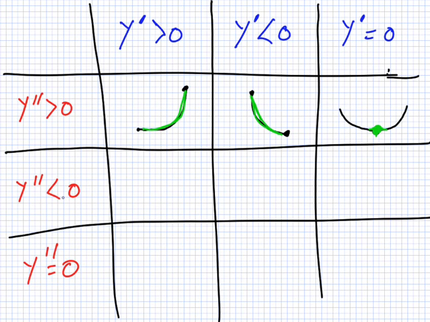Now, the only difference with this situation is that instead of being concave, it's convex. So, in other words, it's still increasing, but it's increasing convexly, so it's like this. This one here is decreasing, but it's decreasing convexly, so it's like this, like this.